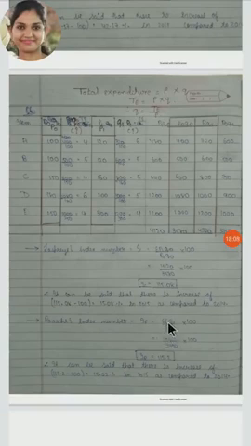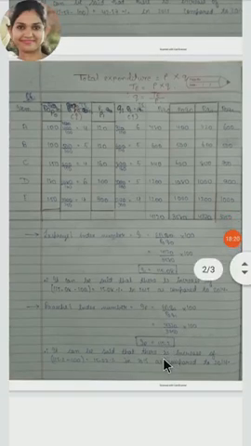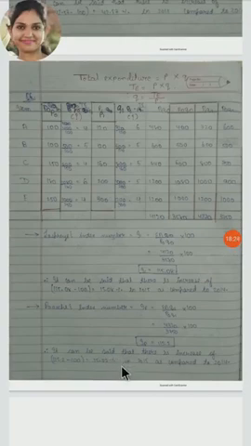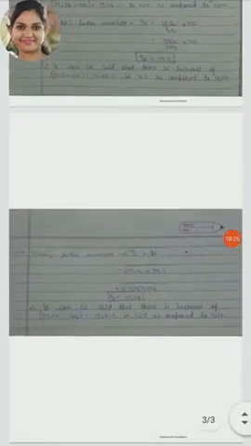Sigma P1 Q1 upon sigma P0 Q1 into 100, right? So 4320 upon 3750 into 100. So 115.2. How much increase? 15.02 percentage increase.